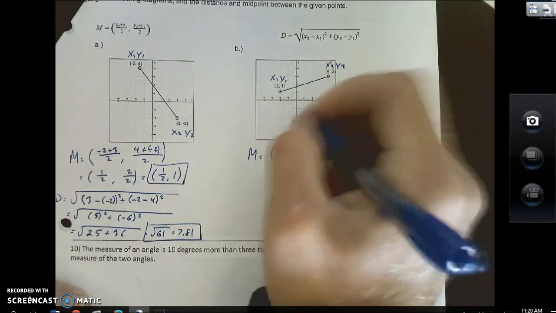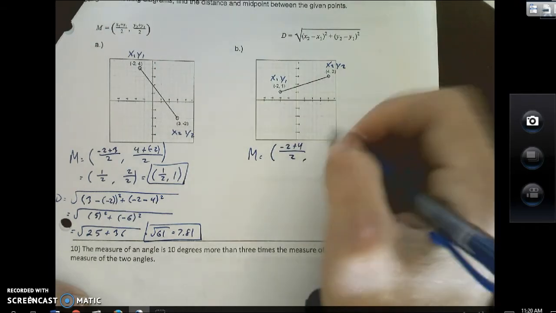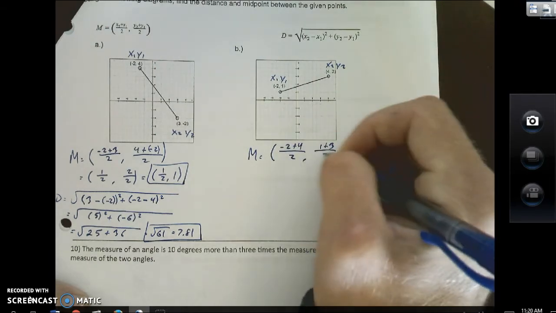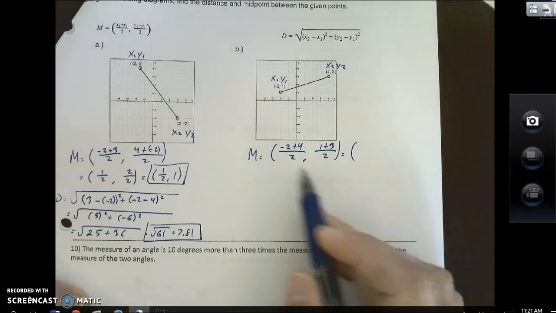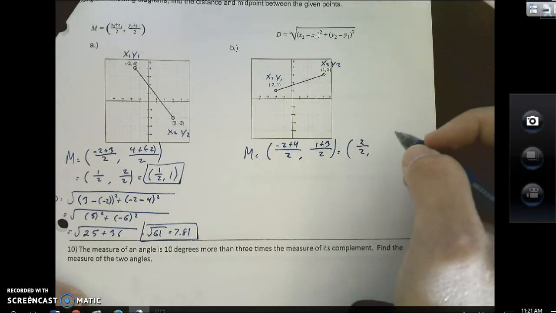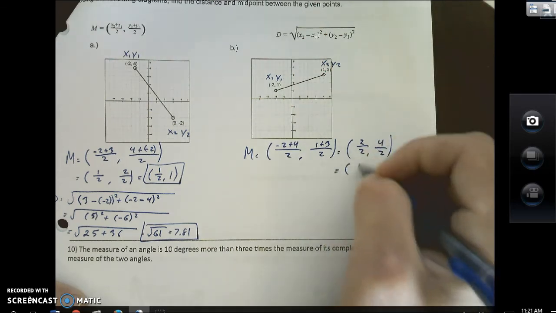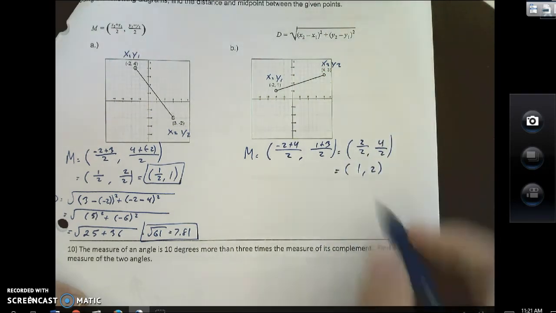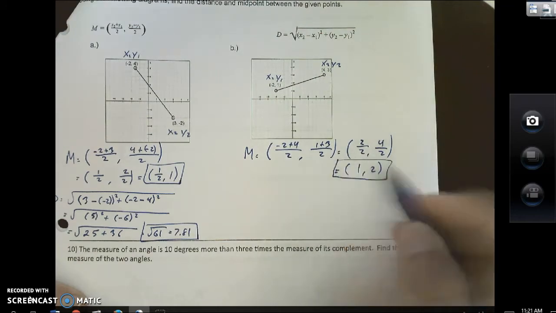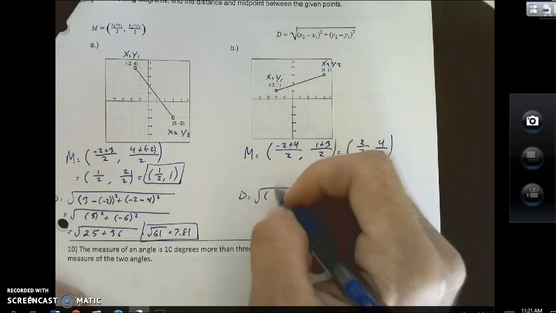So my midpoint, I add the x's together. I add my y's together. Okay. Negative 2 plus 4 is 2 over 2. 1 plus 3, okay, gives me 4 over 2, which reduces to 1, comma 2. That's my midpoint. Distance, square root, x2 minus x1.